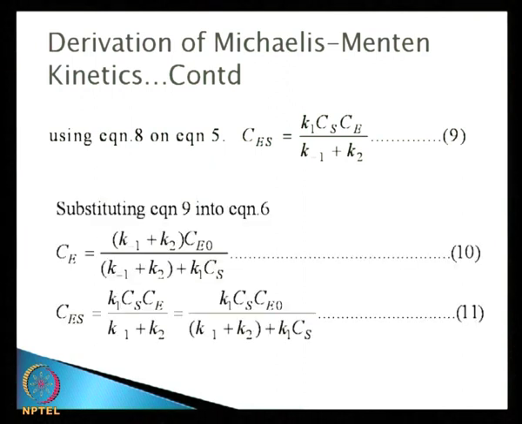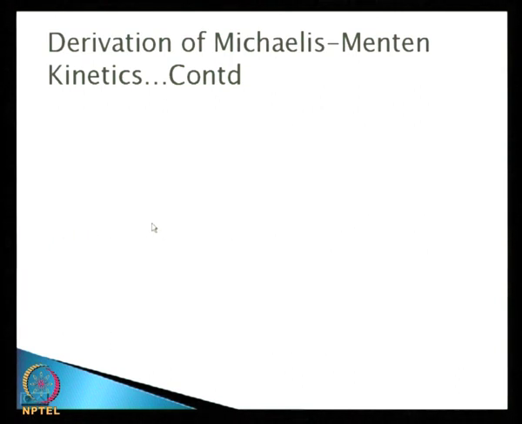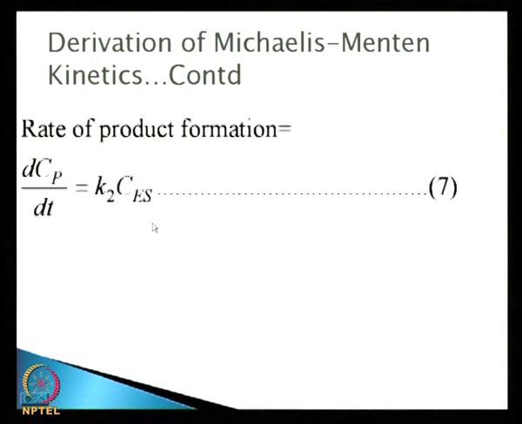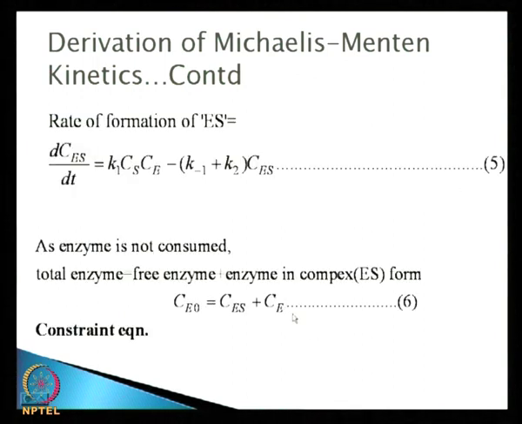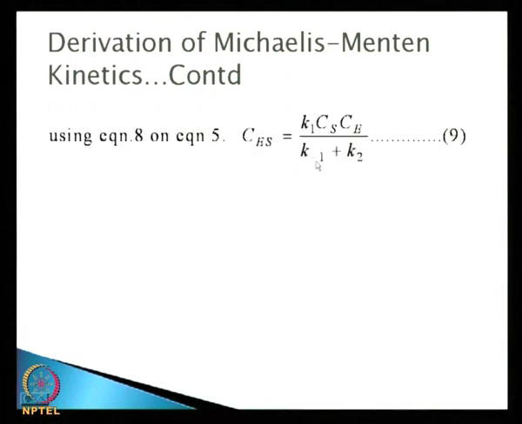Now, what you need to do is use equation 9, which I got here, on the constraint equation over here, because you have now got CES. So, substitute CES over there. You see, Arush?